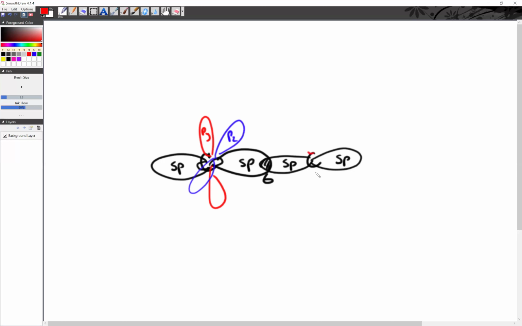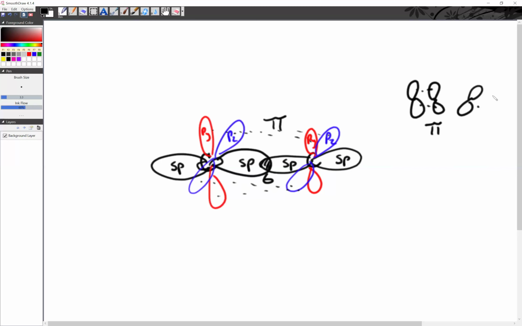It also has a py and a pz. And that is what I call the interact. So the pz lobes interact together, and the py lobes interact together, and those are the pi bonds. One pi bond takes up both lobes of a p orbital. So a py and a py, that's a pi, or the pz, pz is a pi. So I call that an interact.